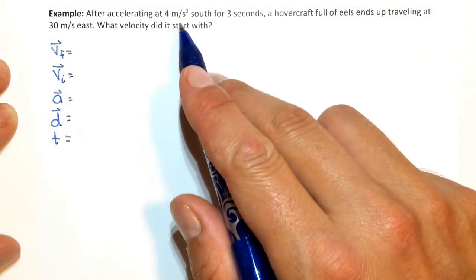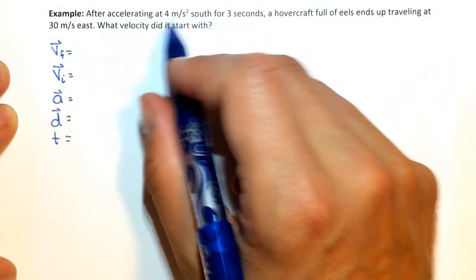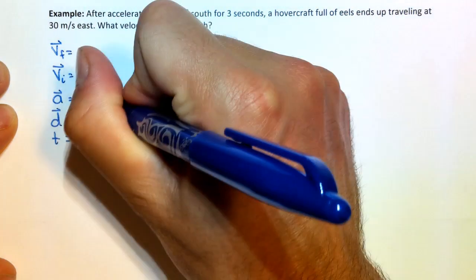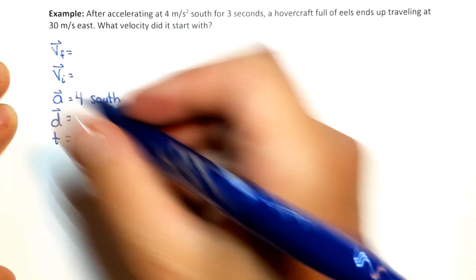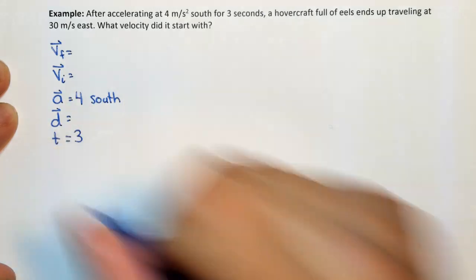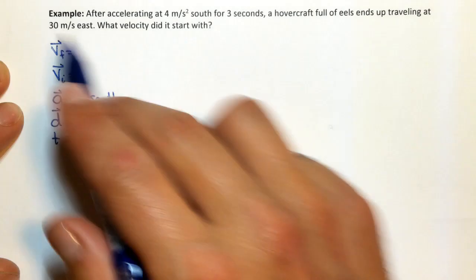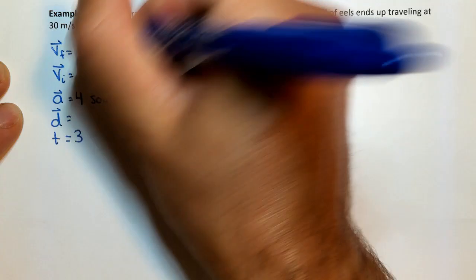Okay, so I know the acceleration. This is metric base units, so my units are all good on that. I'll write it down as 4 south, magnitude and direction. My time is 3 seconds. Again, that's metric base units, so my units are all good there. And for final velocity, I've got meters per second, which is metric base units, so that's all good.